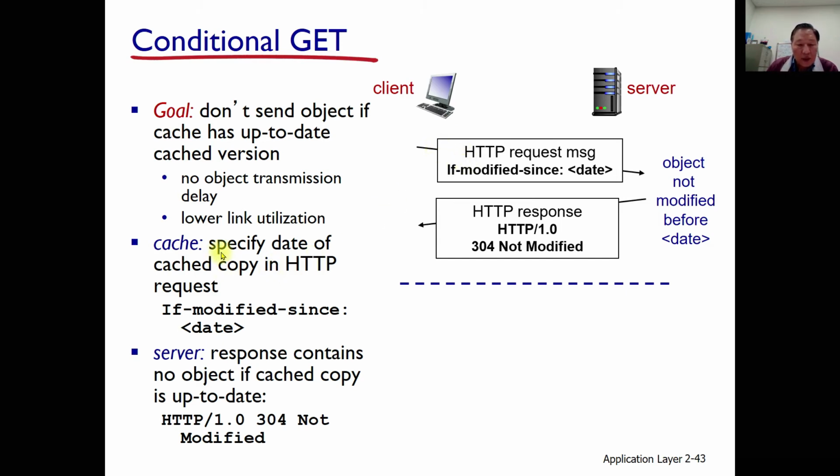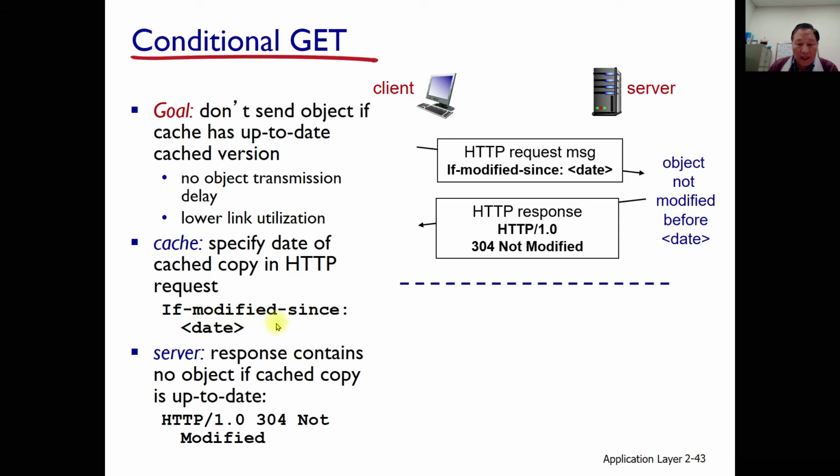The cache is specifying the date of the cached copy in the HTTP request. Thus, if we are considering the cache in this client device, then it specifies the date of the cached copy in the HTTP request. Also, this request you can observe in the Wireshark lab.